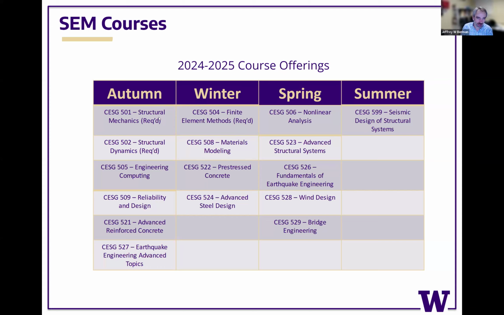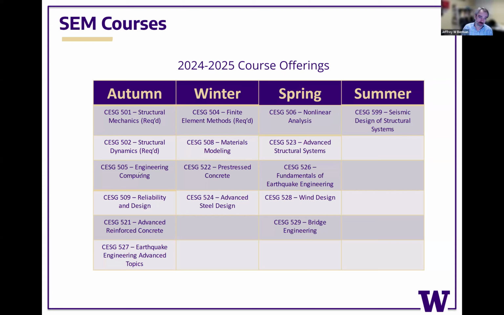So you see in the fall, we have 2 of those required classes, structural mechanics and structural dynamics, and then several electives. And the reason there's so many electives here is that often our professional master's students take 4 quarters to finish, and they're often looking for additional electives for that 4th quarter, that wraparound quarter in autumn of what would be their 2nd year.